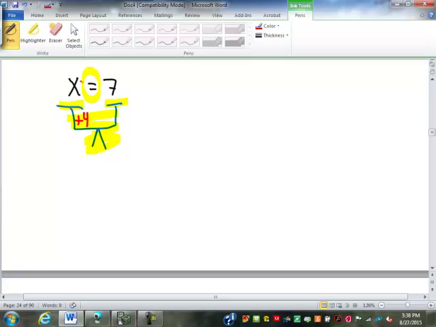If I add 4 to this side, it now becomes x plus 4. But as I said, we have to be very careful to keep this scale balanced. If I add 4 to one side, the scale is going to tip unless I add 4 to the other side. I have to do exactly the same thing to both sides of the equation, of the scale. So 7 plus 4 is 11.